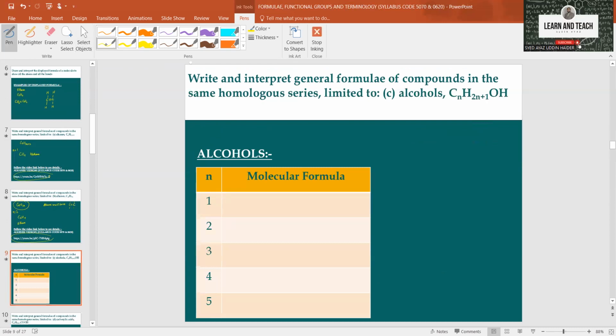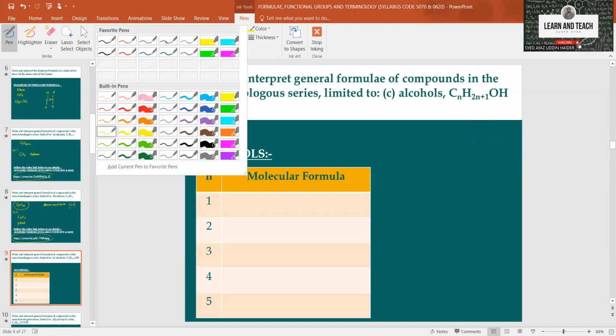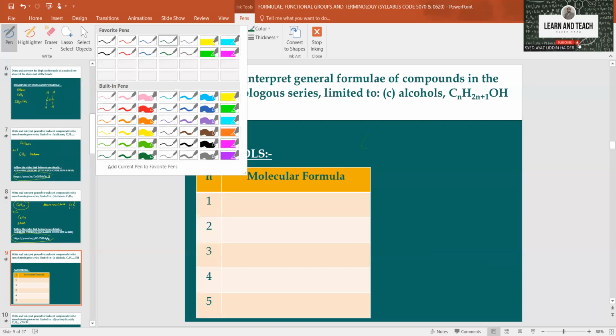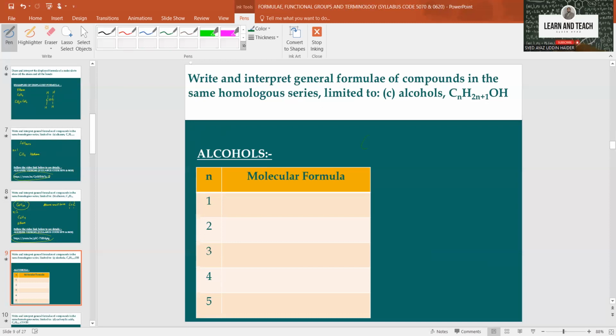Write and interpret general formula of compounds in the same homologous series limited to alcohols. Now alcohols, we have CnH2n+1OH as the general formula for alcohols.